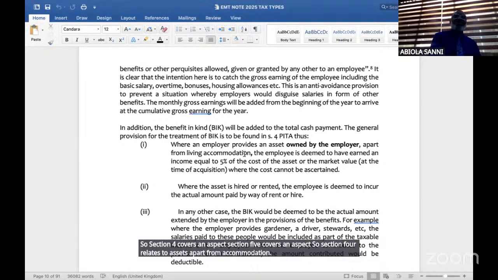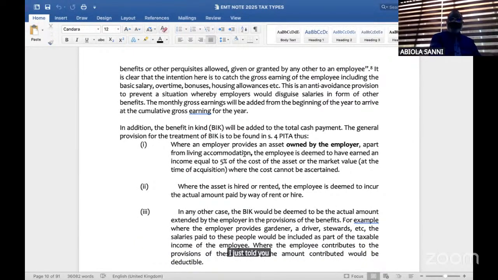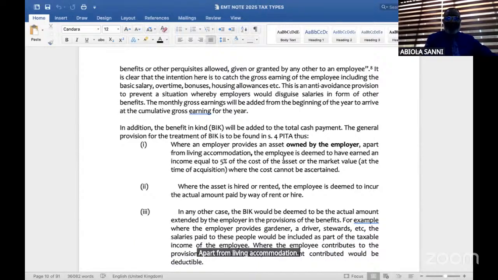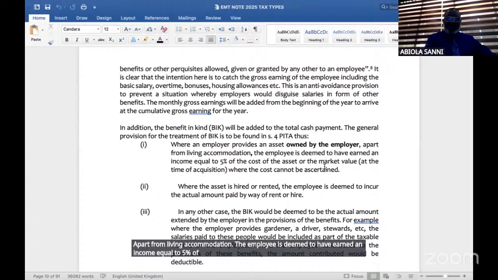I just told you that I have an official car. Where an employer provides an asset owned by the employer, apart from living accommodation, the employee is deemed to have earned an income equal to 5% of the cost of the asset or the market value at the time of acquisition.